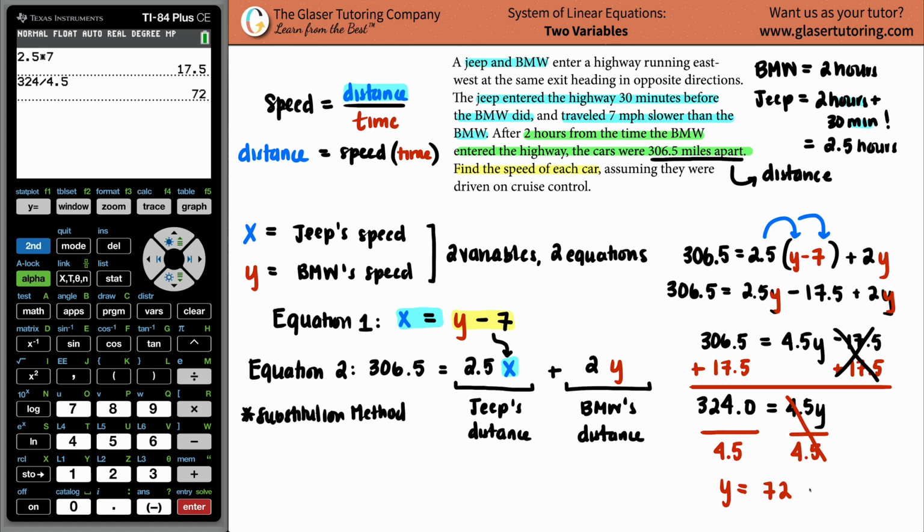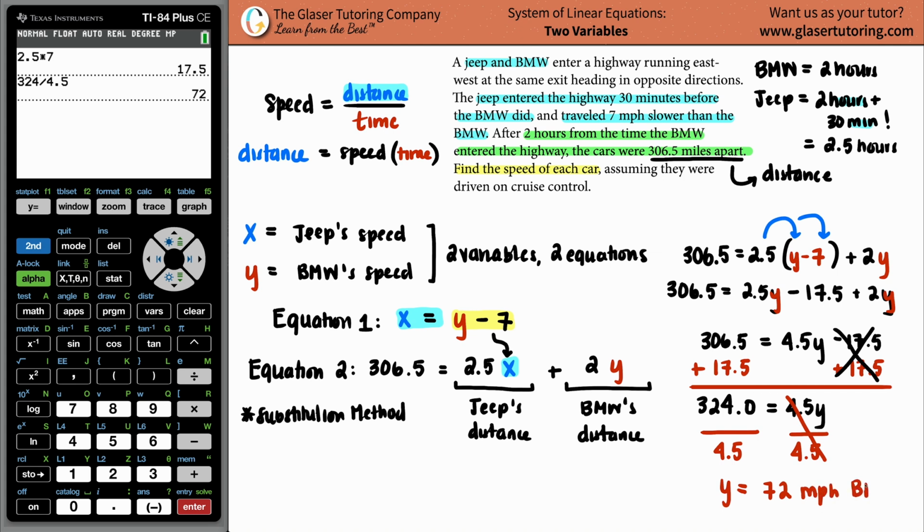Actually, I don't know about upstate, but maybe upstate. Actually, maybe all of New York is 55 miles an hour as the state law. But if it is, oh boy, 72. Okay, so BMW is 72 miles per hour.